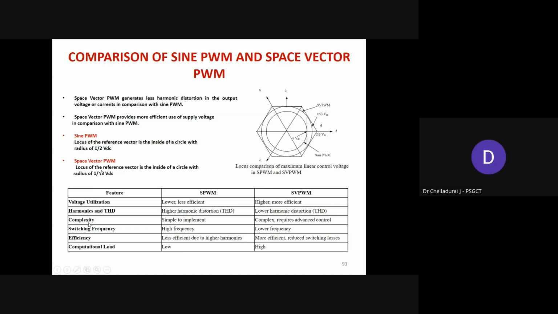From the complexity point of view, if you want to produce gate pulses with the help of a microcontroller, microprocessor or DSP using the SPWM or SVPWM technique, SVPWM requires somewhat more complex algorithms. Then the switching frequency in SVPWM is less compared to the sinusoidal pulse width modulation technique, so the efficiency is obviously more.